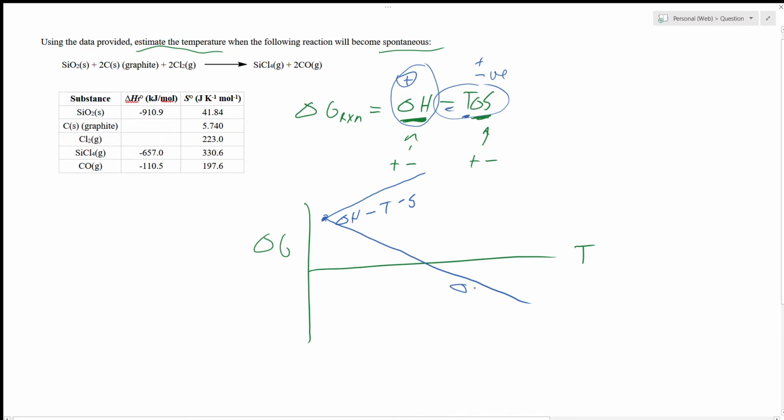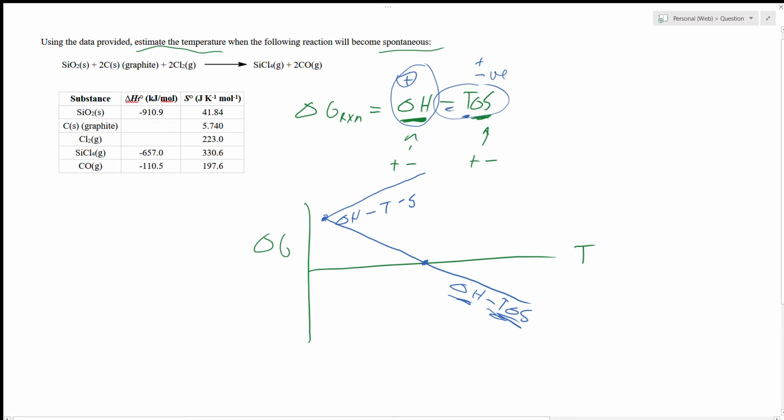So this is delta H minus T delta S, and the S there is positive. So in that kind of scenario, there will be a certain temperature where the negative nature of this T delta S will overwhelm the positive nature of the delta H being positive.